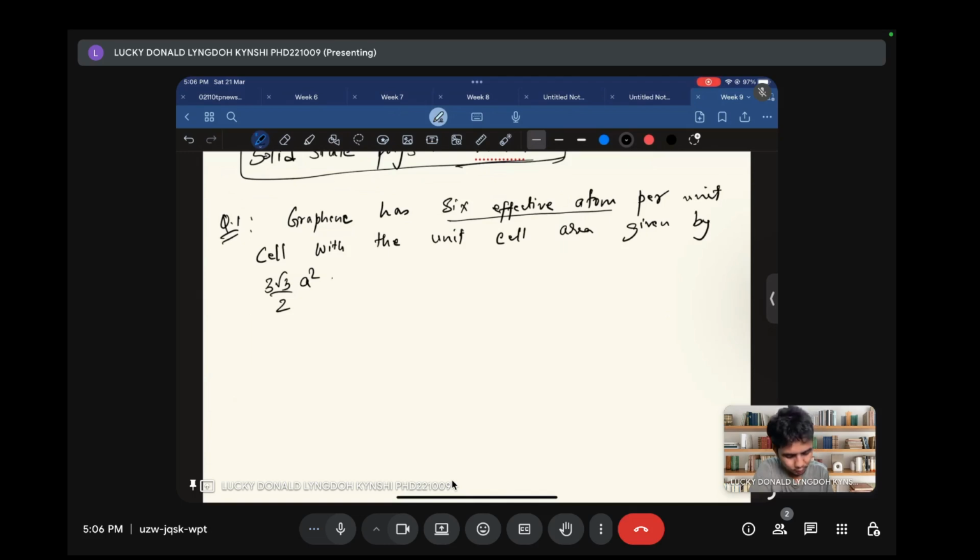If the magnitude of the Fermi wave vector is 3 angstrom inverse, because k is related to the inverse of distance, determine the value of a.